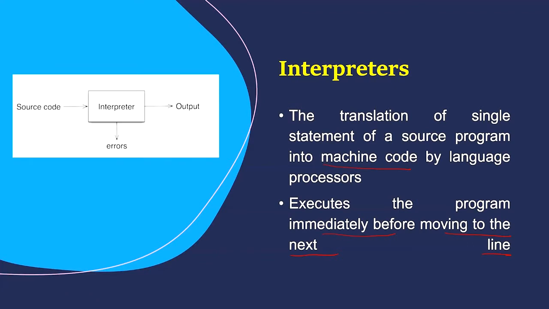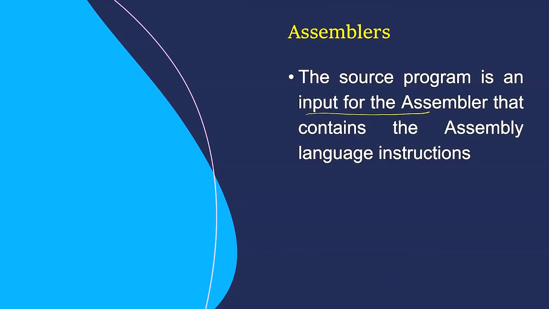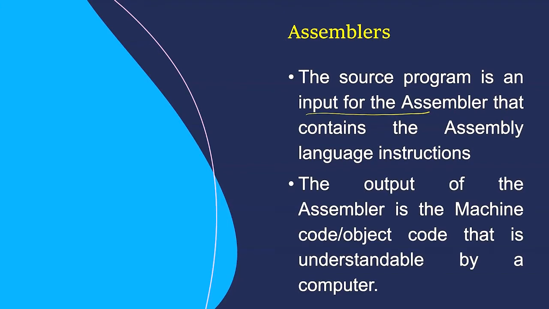Similarly, when a source code is provided, the interpreter converts the high-level language program into a machine understandable program. Assemblers. Assembler is also a type of language processing system. The source program is an input for the assembler, and the assembler takes that input and produces the output.